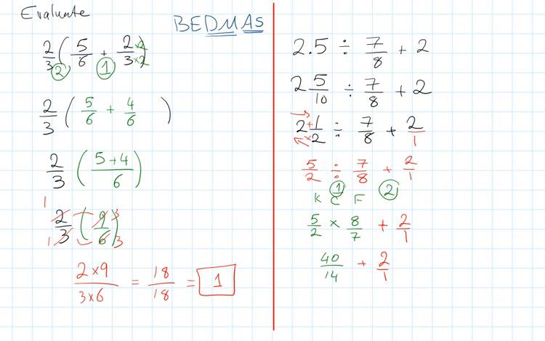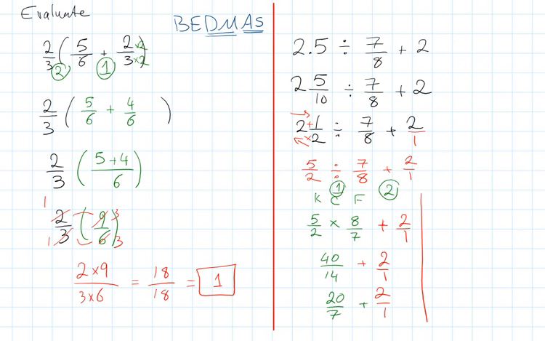Again, you could have simplified the 2 and the 8, but I'm acting like I don't know that, and we have 20 over 7 plus the 2 over 1. Here we have an addition. That's the last operation we have to do.